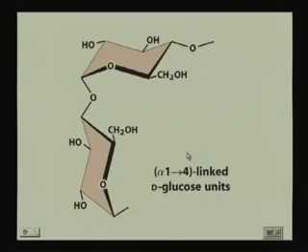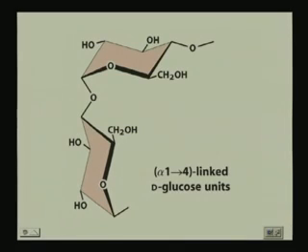Okay? This is actually what it would look like if you were to actually draw it correctly. This would be alpha 1,4 linked D-glucose units. So, what can we have? We can have other units linked together. So, the whole structural aspect comes into the picture now, because we are actually not going to have those projections that we are drawing, but we are going to have actual chair conformations.